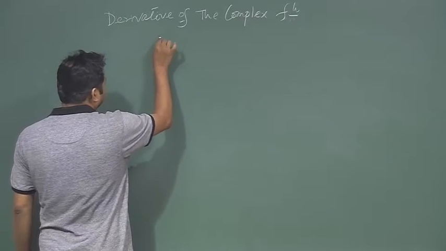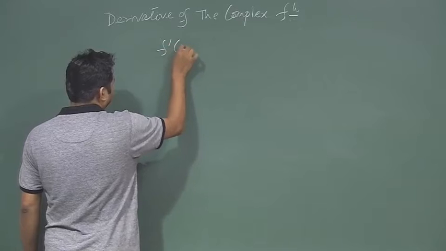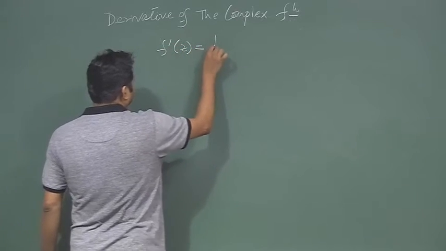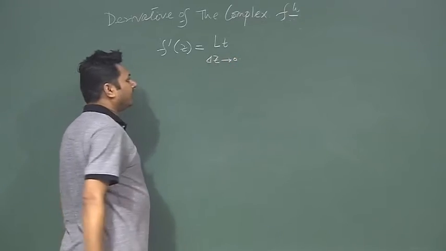I mean, what is the meaning of derivative f prime z? It is essentially the same thing that we have for the real case.